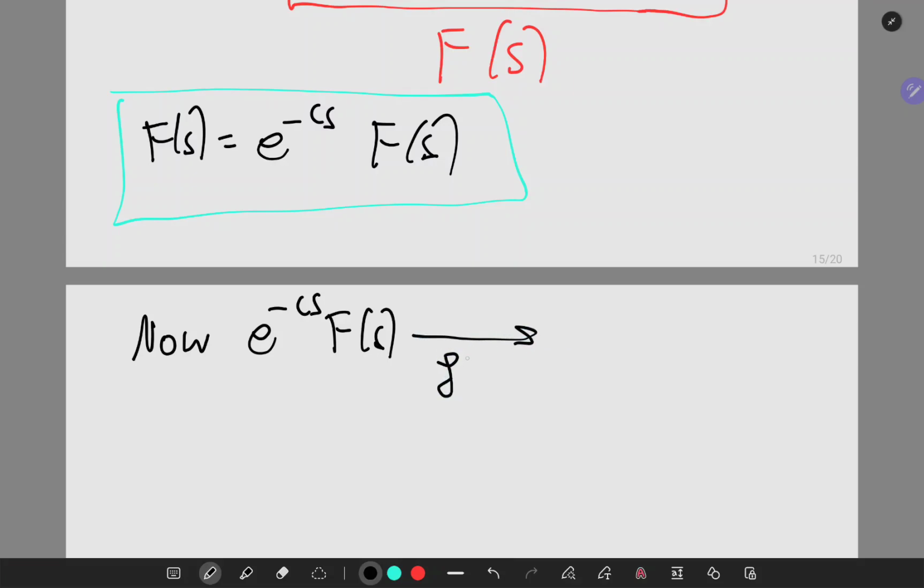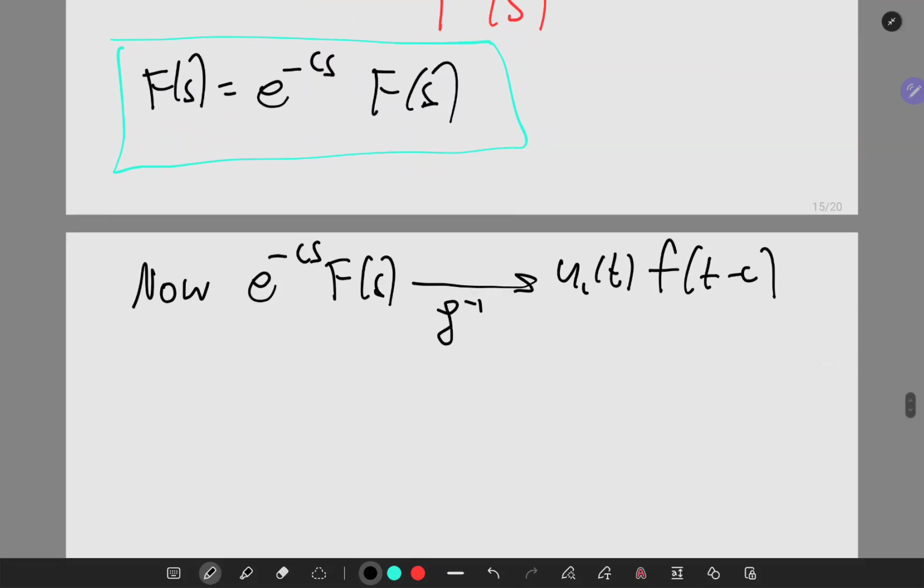I'm going to take the inverse Laplace to get to u of c of t, f of t minus c. This is what we're going to do. So inverse Laplace of e to the ct, f of t, no, we're just going to take the Laplace of this, yeah.